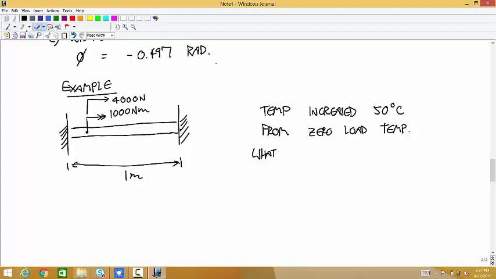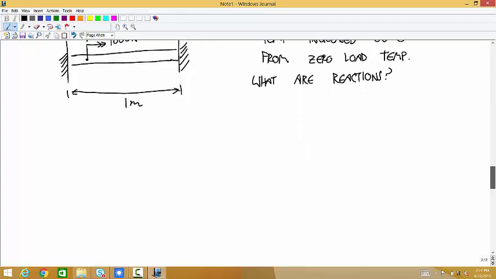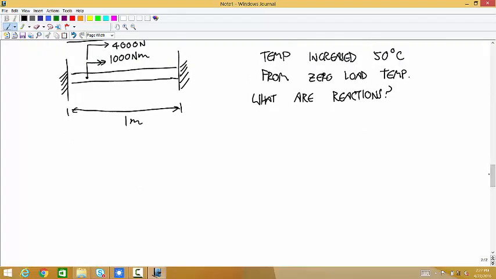What are the reaction loads? Okay, so we're going to start out by doing the statics, and then we'll see where we're at and think about where we're going to get the extra equations. Free body diagram.